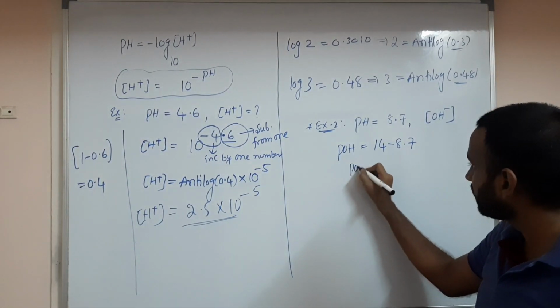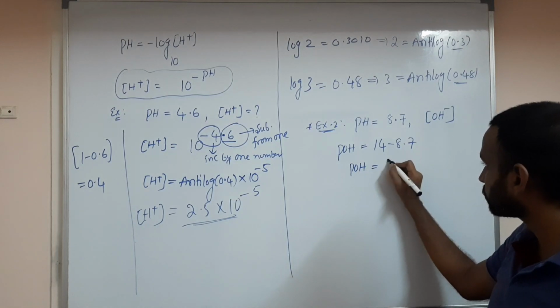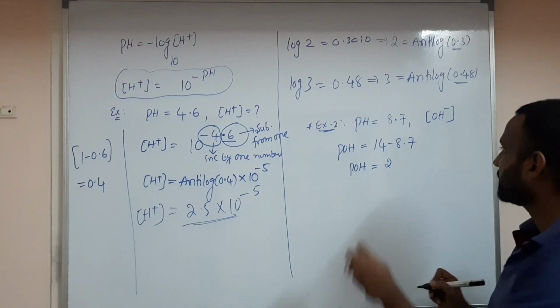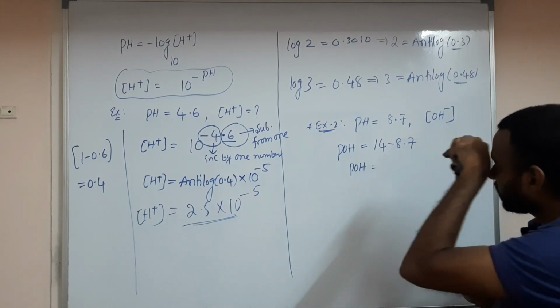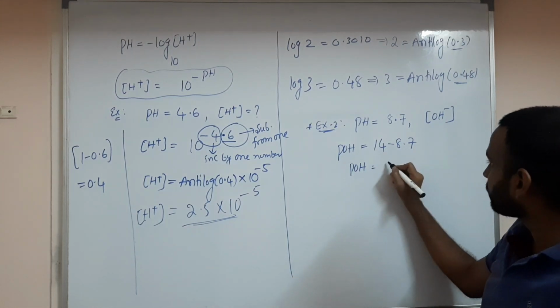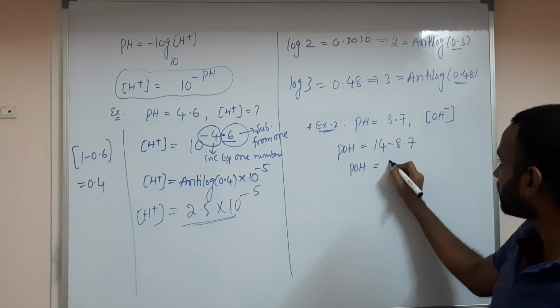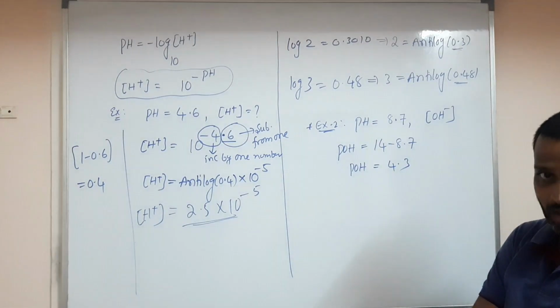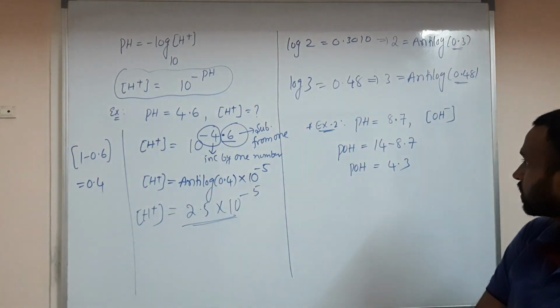Then what is pOH? Almost 14 minus 9 means 5. So it's, I think, 4.3, right? 4.3, wrong. Okay.